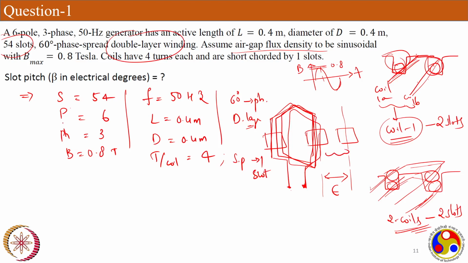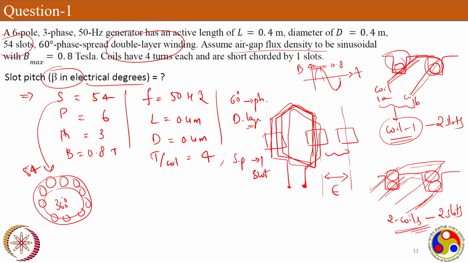Now the first question is the slot pitch beta in electrical degrees. It's very simple to calculate the slot pitch if you know the number of slots and the total spread. This is the machine and this is 360 degrees mechanical, and the total number of slots spread across it is 54. So my beta will be 360 divided by 54.